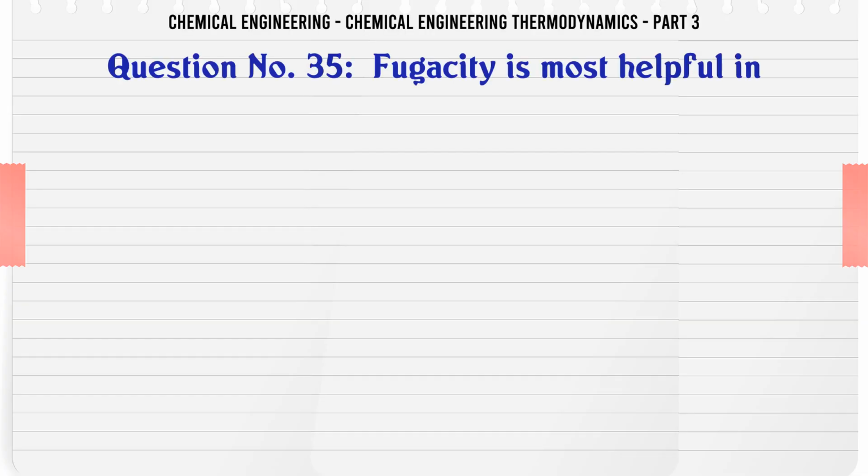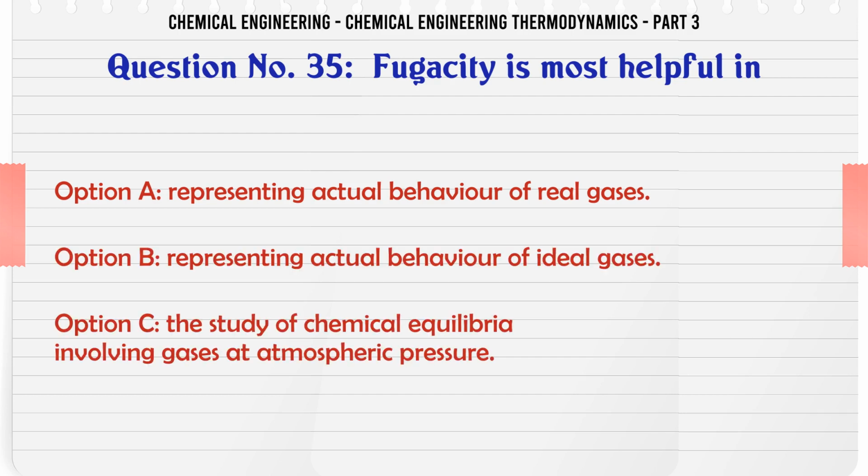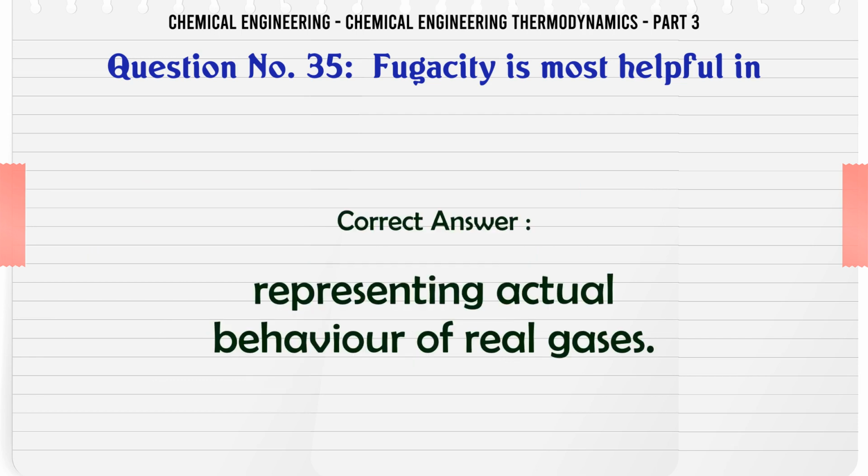Fugacity is most helpful in A. Representing actual behavior of real gases. B. Representing actual behavior of ideal gases. C. The study of chemical equilibria involving gases at atmospheric pressure. D. None of these. The correct answer is representing actual behavior of real gases.